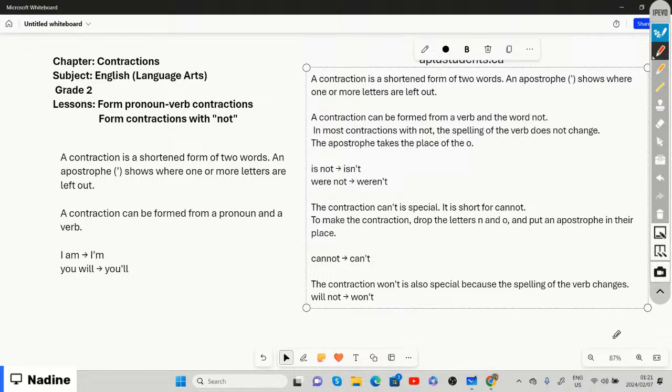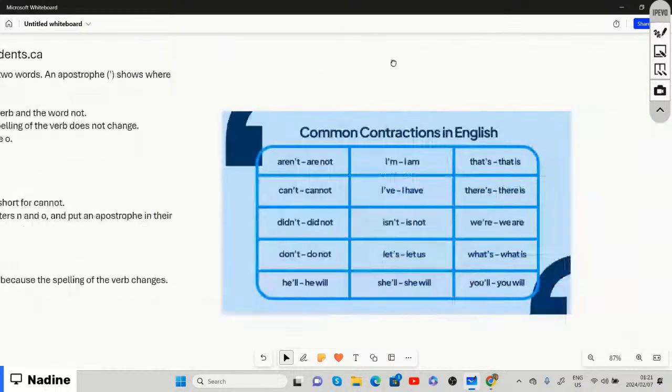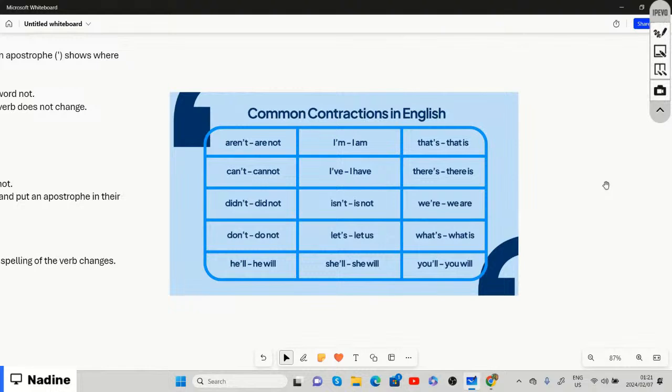And if we look at a few more examples of contractions, so these are a few common contractions in English.